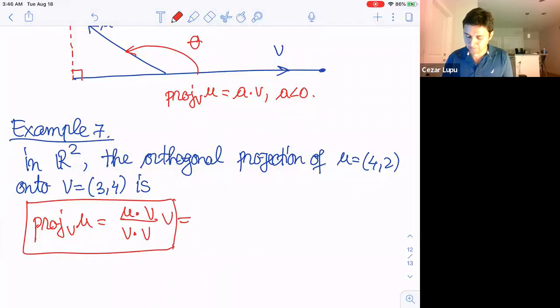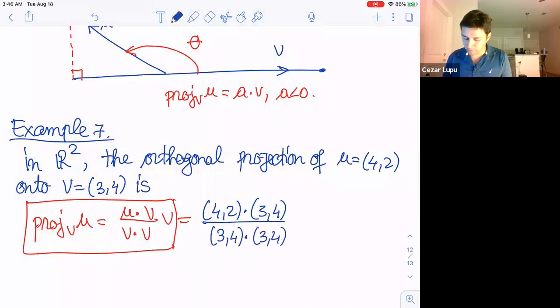This will be equal to, well, we compute this, so this will be (4, 2) dot (3, 4) over (3, 4) dot (3, 4), and everything you multiply by (3, 4).